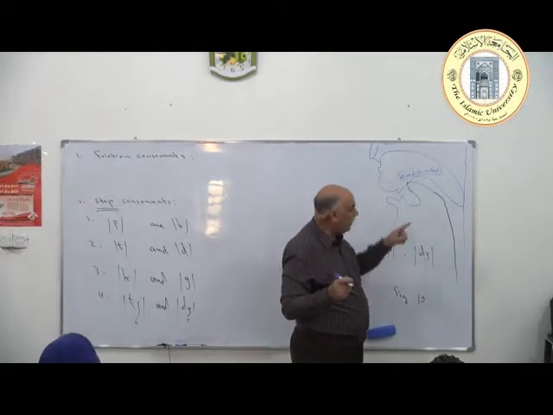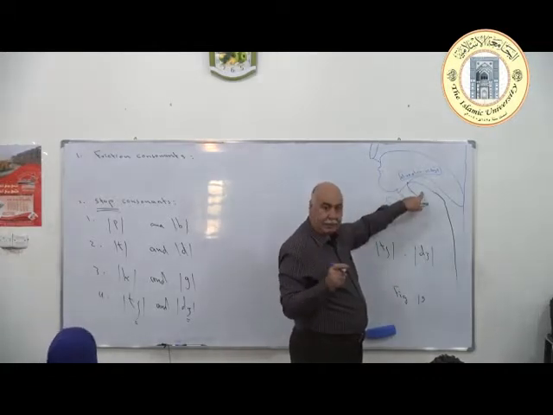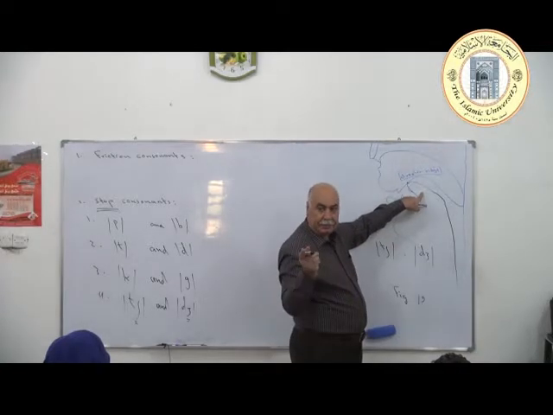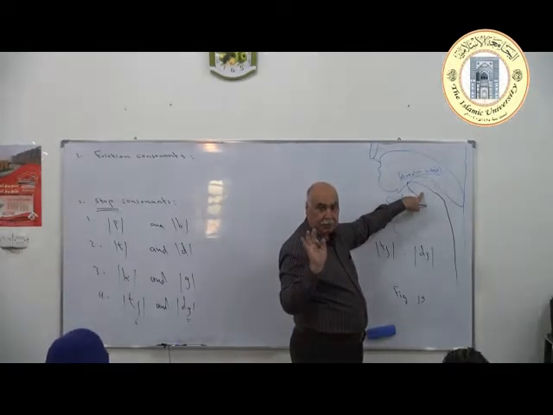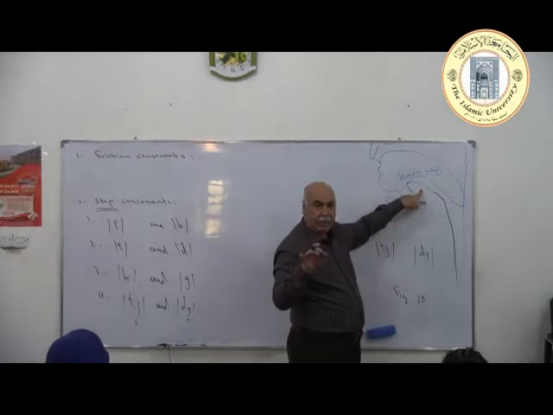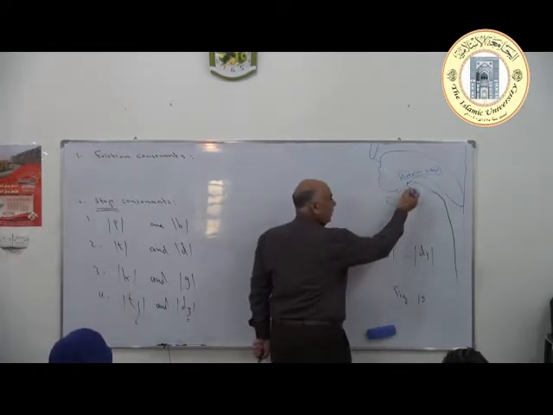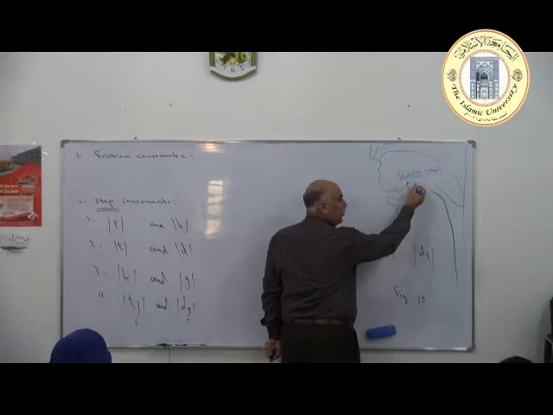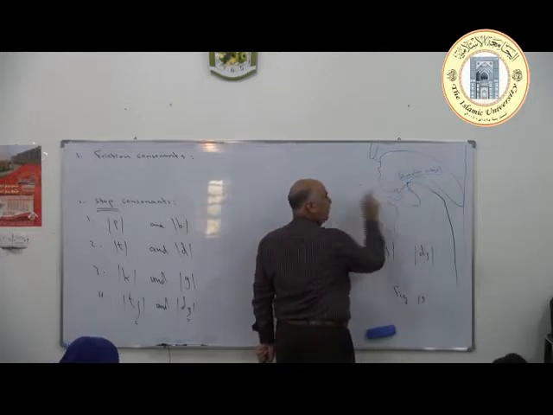After that, when the speaker lowers the tip of the tongue, the result is che. The tip of the tongue is lowered, as you see, the dotted line. This is called the dotted line.